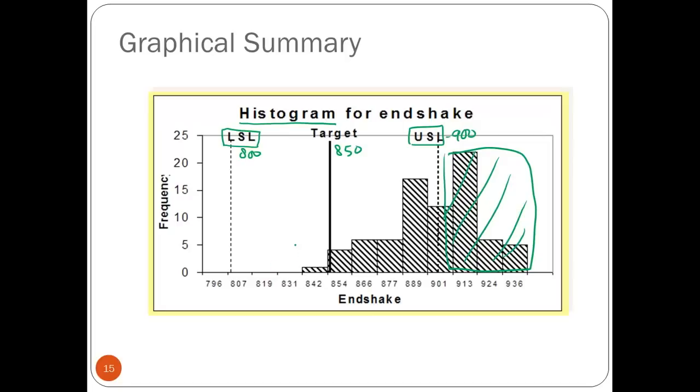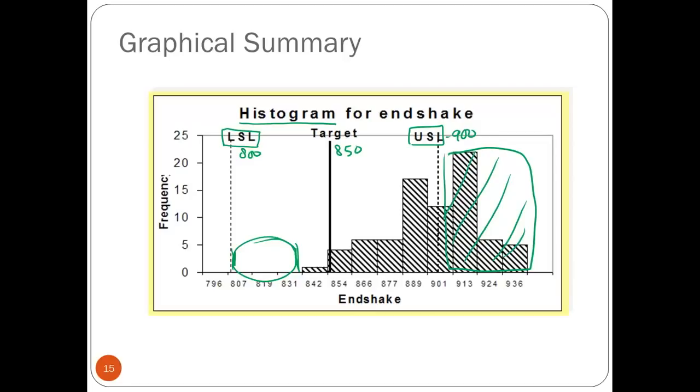You also see there is a lot of gap between this and this, so you may be curious why the people working on this process are creating dimensions on the higher side, when there's a lot of leg room here. They could have had this histogram slightly to the left, and that would have made many components fall within the upper specification limit without a problem.